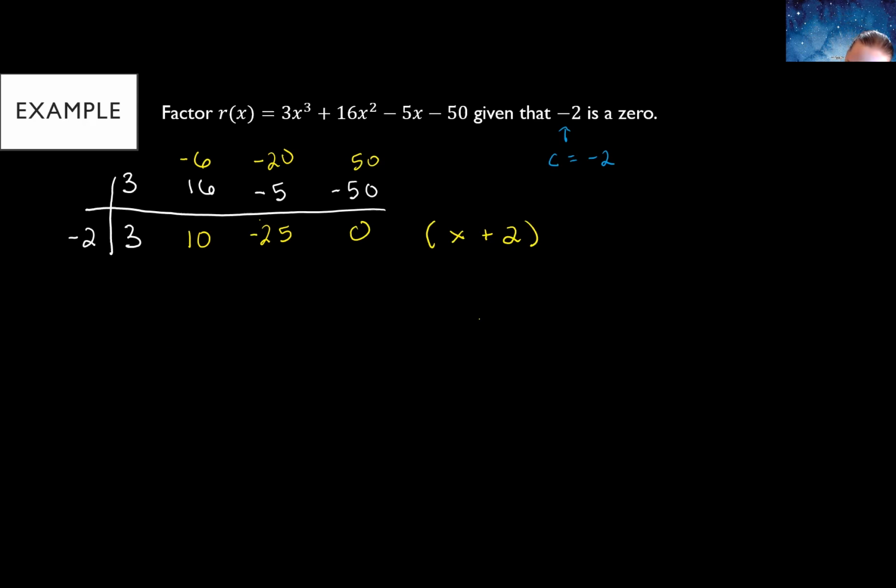What this also tells us is that these other numbers are giving us the other part of the factor, because that's the quotient here. This is the q of x from that division algorithm. So we started with an x cubed, so that means that these are x squared, and then we count down. So this tells us the other part of the factor. We get 3x squared plus 10x minus 25.